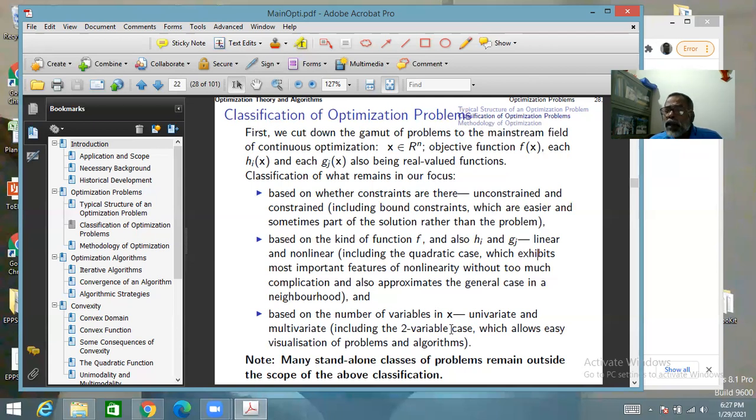Again, the two variable case exhibits most of the important features of multivariate problems, and you can see them in the sense that two variables means you can plot most of the things on the screen and see them. So you can see contours. The corresponding entity in the case of many variables is called a level surface, which you cannot see on a picture.